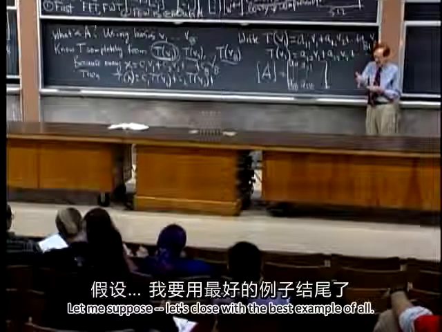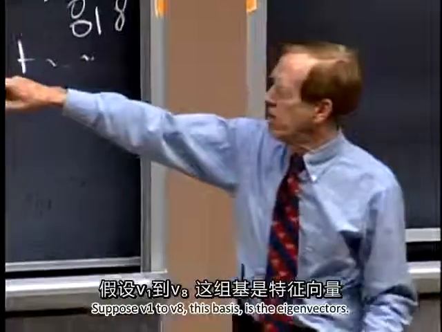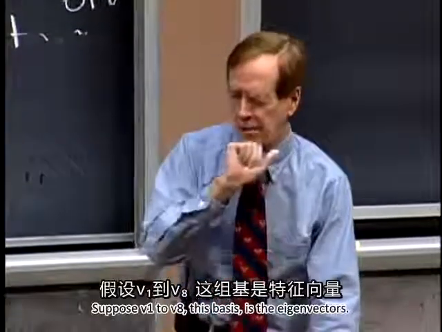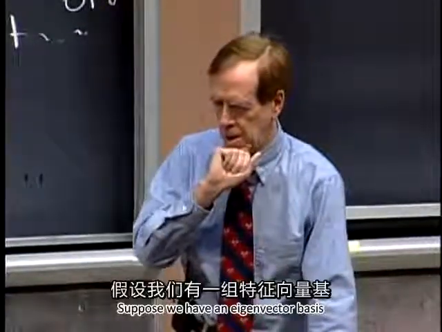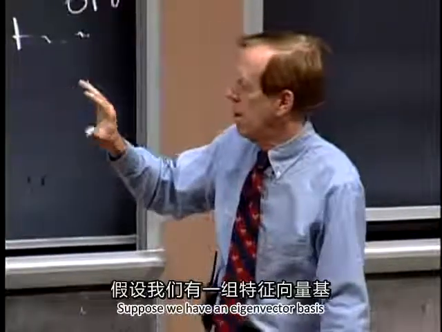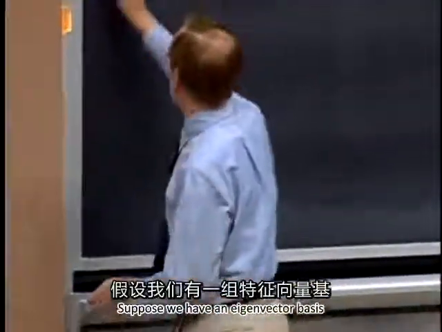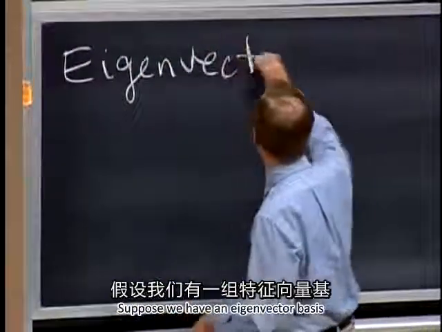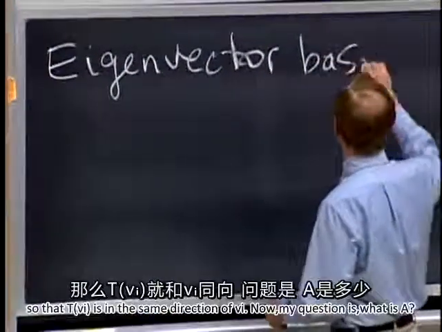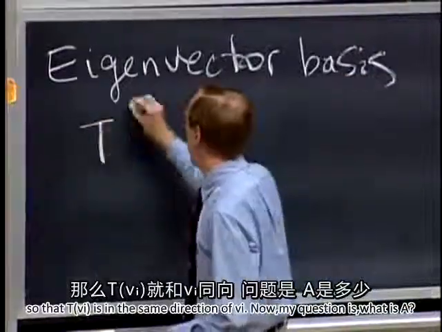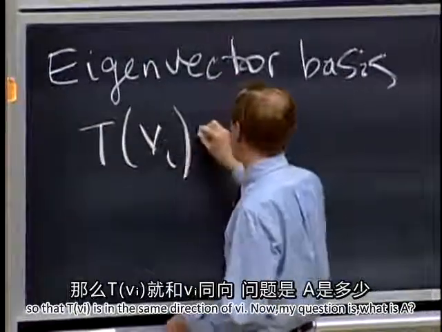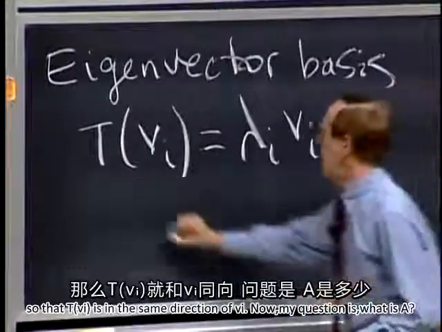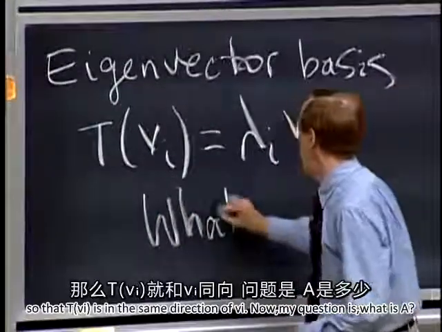Let's close with the best example of all. Suppose V1 to V8, this basis, is the eigenvectors. Suppose we have an eigenvector basis. So that T of Vi is in the same direction as Vi. Now my question is, what is A?